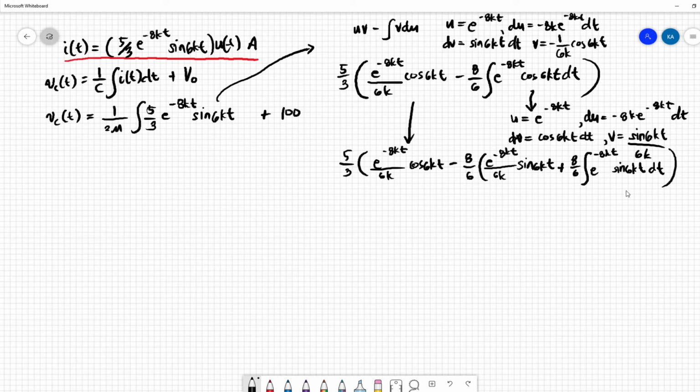Since we are going back to this form, we can equate this equation. We have e to the negative 8kt sine of 6kt equivalent to this.